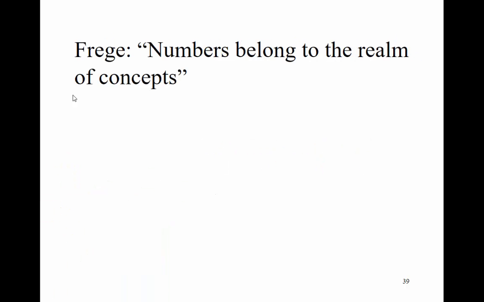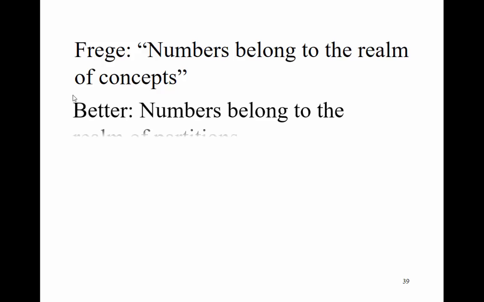All right, so Frege, as some of you will know, had a whole theory of number, which is the foundation for a whole theory of arithmetic and of the rest of mathematics. And on Frege's view, numbers belong to the realm of concepts. I think Frege was wrong. I think numbers belong to the realm of partitions. And the problem with Frege's view is that the concepts in people's heads, or the concepts in the realm of Platonic concepts, which is more or less what Frege had in mind, are not, in my view anyway, sufficiently closely tied to the actual bananas that you are counting.